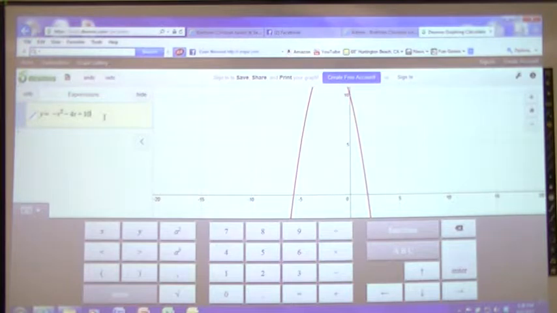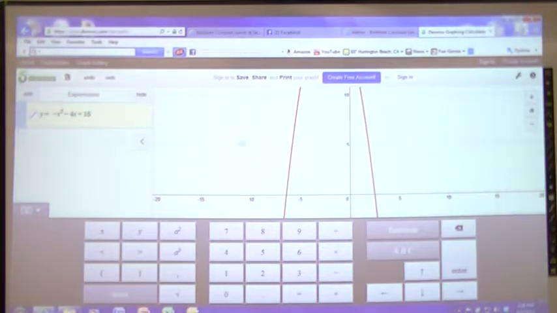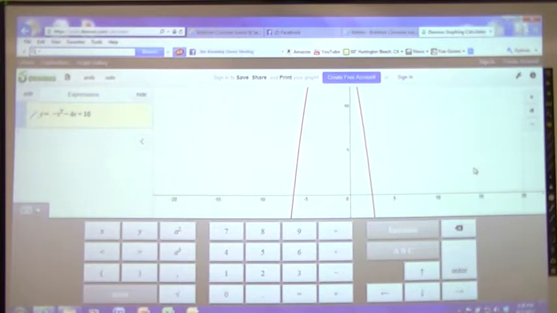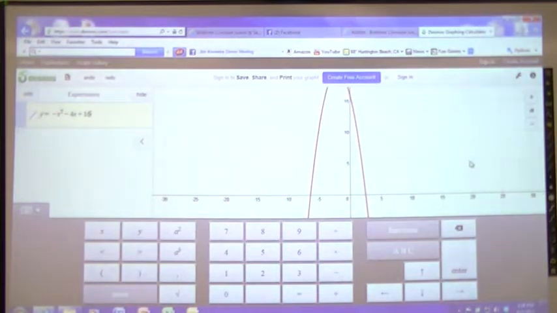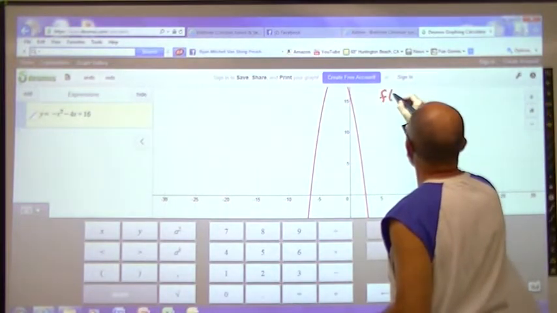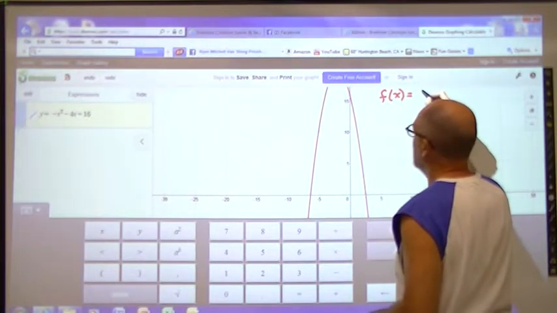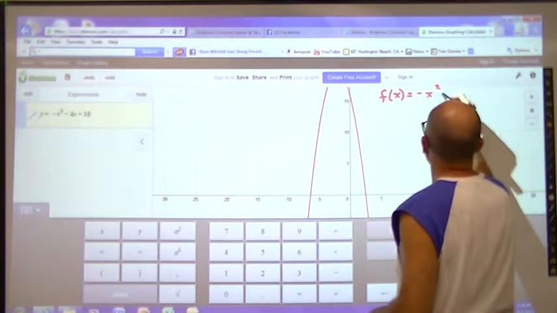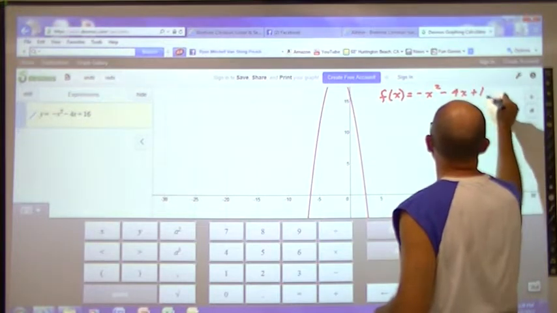Let's just simplify this. Nah, still not enough. Okay, now we got it. All right, negative x squared minus 4x plus 16. Okay, so f of x equals negative x squared minus 4x plus 16.